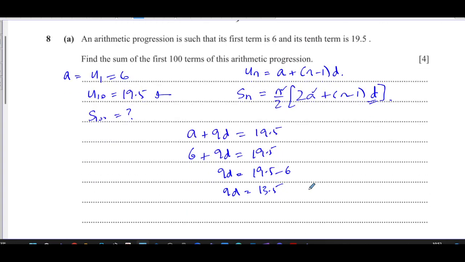So d is going to be 13.5 over 9, which is, multiplied by 2, 27 over 18. When you divide them, 9 goes into both of them, and that's going to be 3 over 2. So the common difference is equal to 1.5 or 3 over 2.